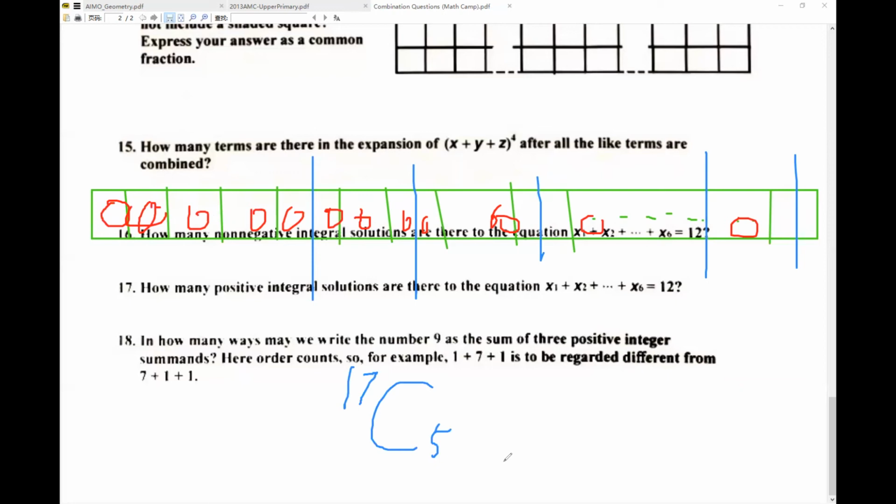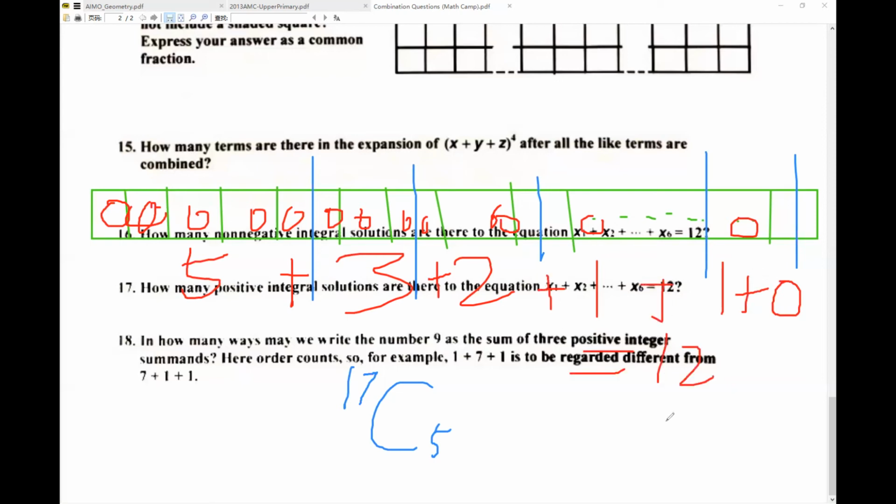Why? Because if you do it this way, this one is 5, and the total of the circles is 12, right? So this is 3, this is 2, and so on. This is the solution corresponding to the equation equal to 12.